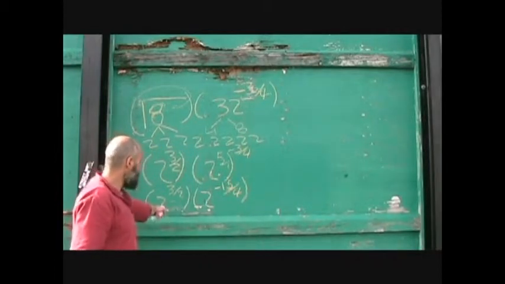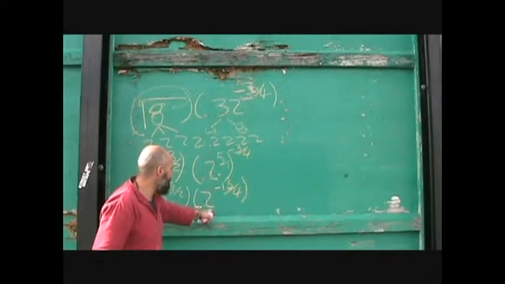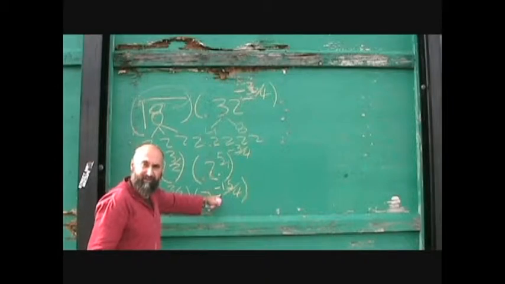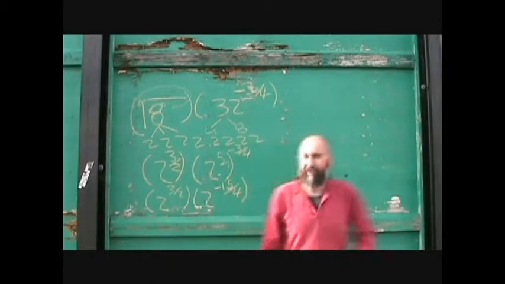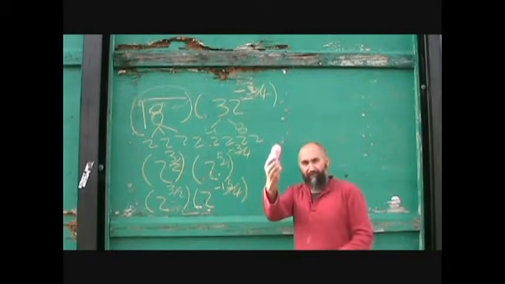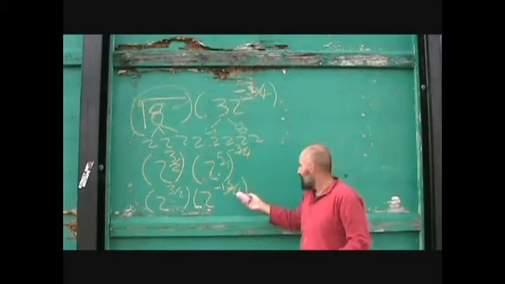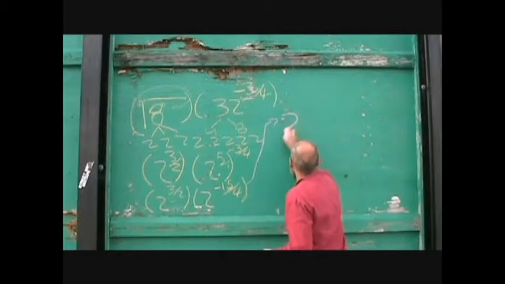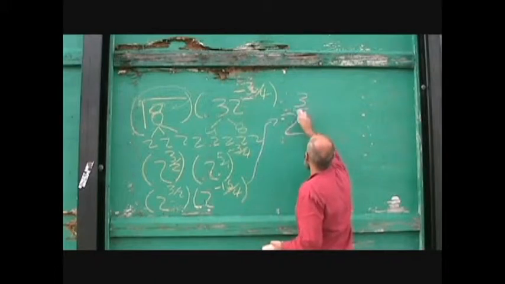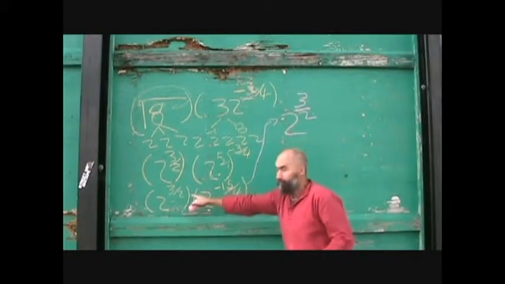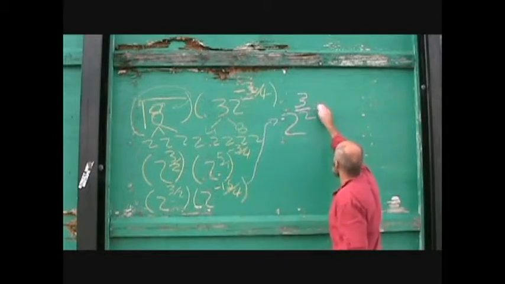Right? Now we have them as the same base. Now that we've got them as the same base, we can add the exponents. So let's go over here. I'm going to do it with this so it doesn't interfere with this, okay? So if we take it up here, the base is the same, 2, 3 over 2. Multiplication means addition? Yes.